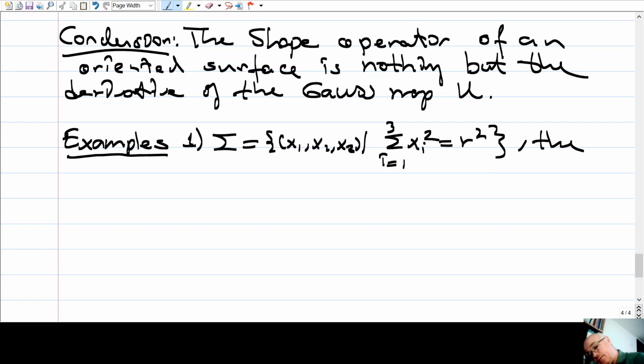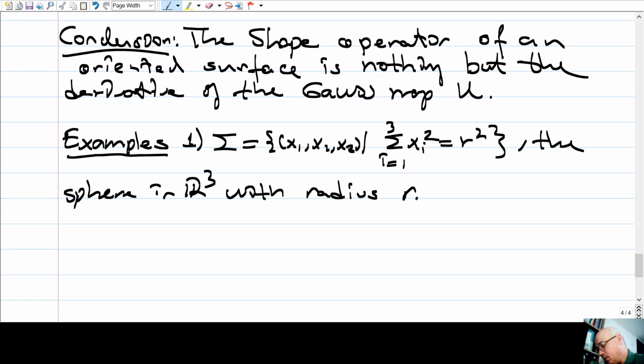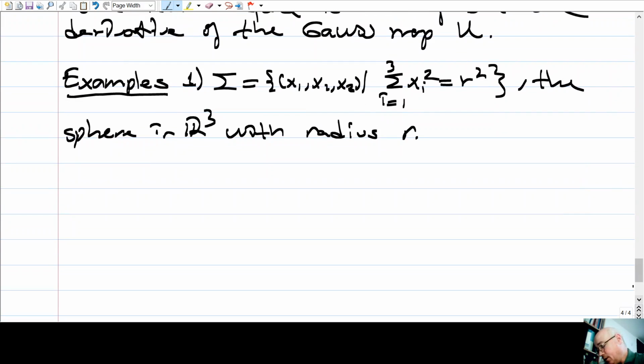The sphere in R3 with radius r. All right. Let's compute the shape operator for this.